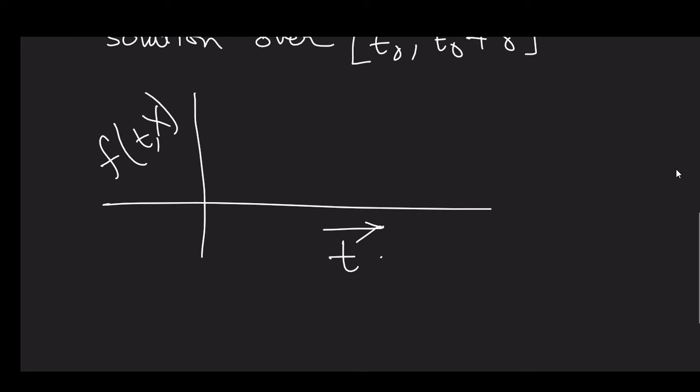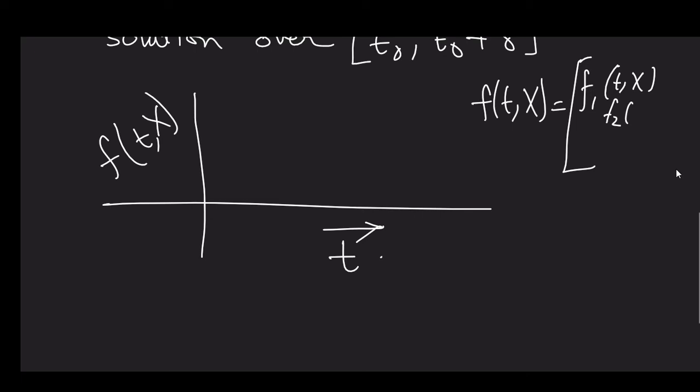Now obviously if you consider an n-dimensional function, then this f t comma x will have n number of components like f1 t comma x, f2 t comma x, and at the end fn t comma x.